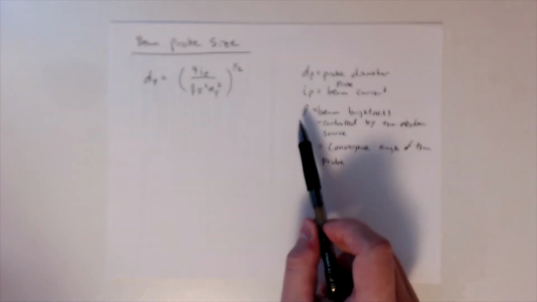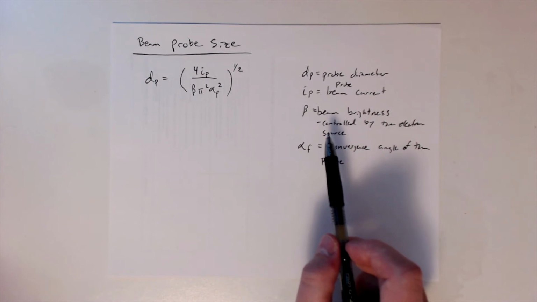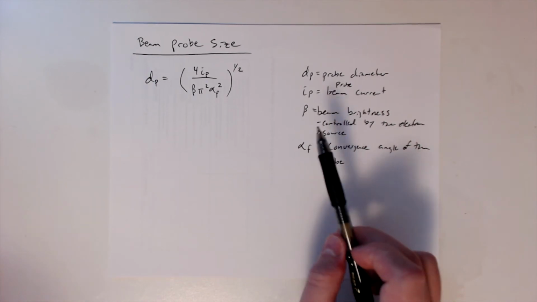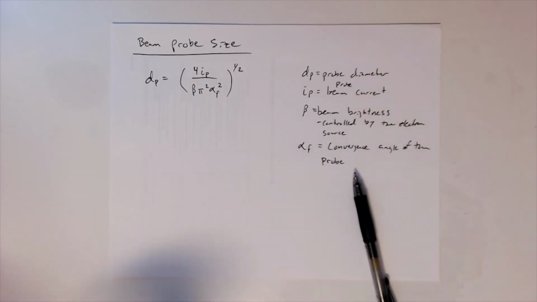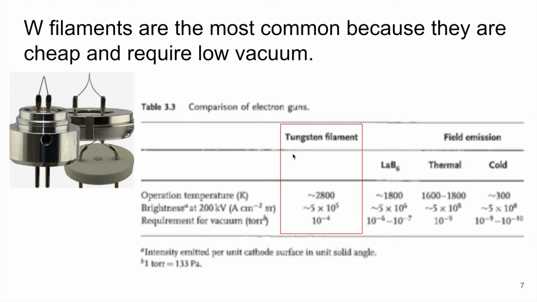So to give you a reference point for beta, I'm going to go back to the slides and give you a table here for beam brightness values for the different materials. All right, so this is going back a couple slides. This is table 3.3 in your textbook, and it compares some of the electron guns that we talked about before.